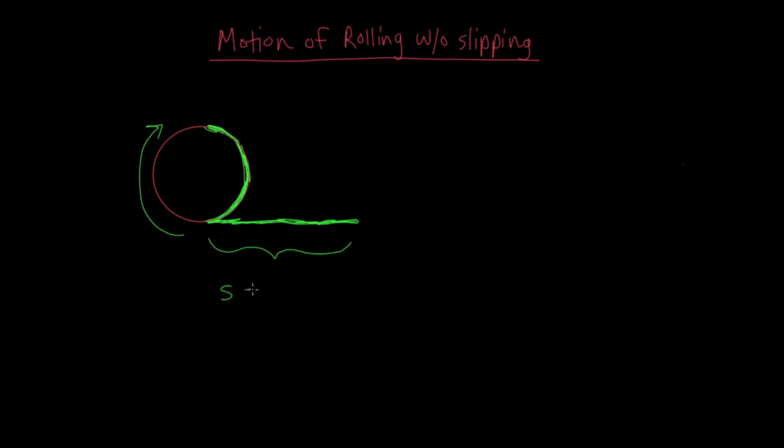And so we can write a formula to calculate this horizontal distance that's traced out by the paint on the floor. We know that this distance on the floor has to equal the arc length of the paint on the surface of the ball. The formula for arc length, let's denote the arc length with an S, is equal to the radius of the ball times the angular displacement.